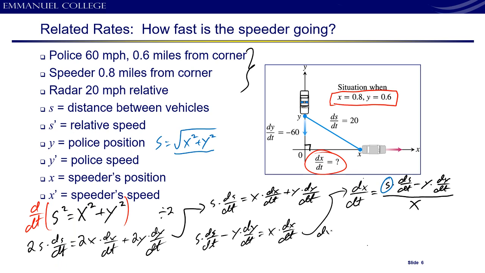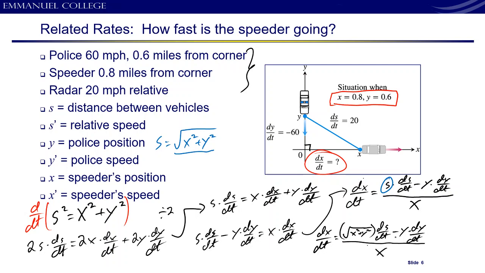I'm left with dx/dt equal to the square root of x squared plus y squared, times ds/dt, minus y times dy/dt, and then all of that is divided by x.